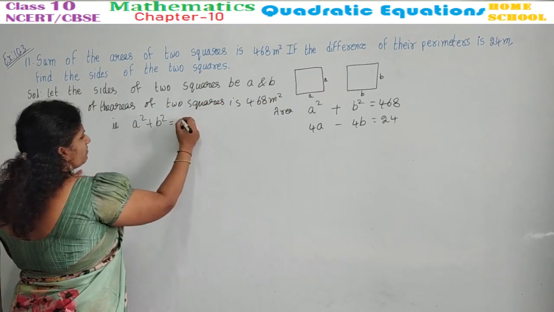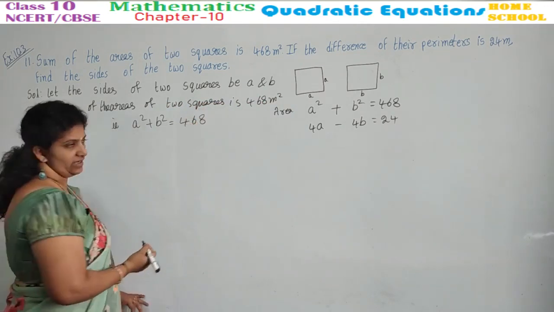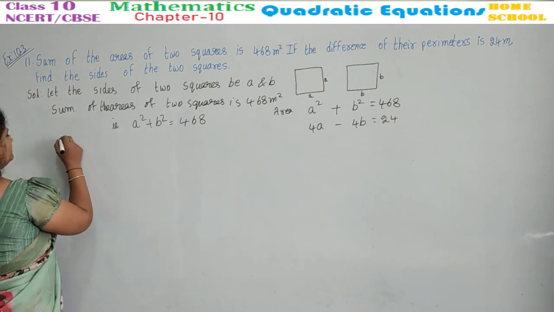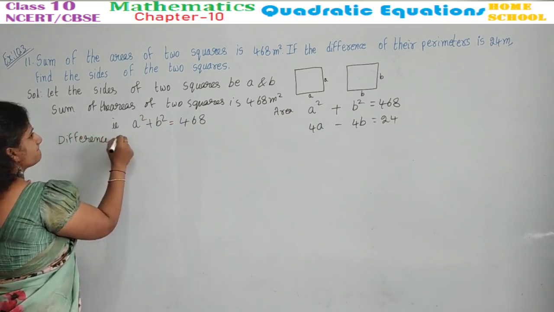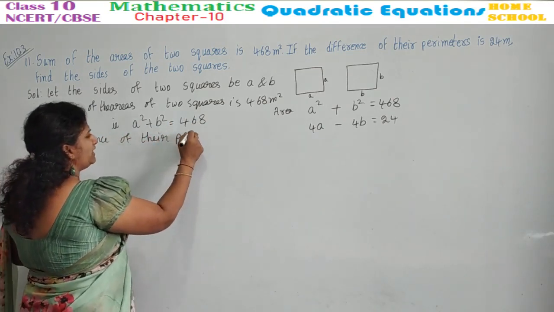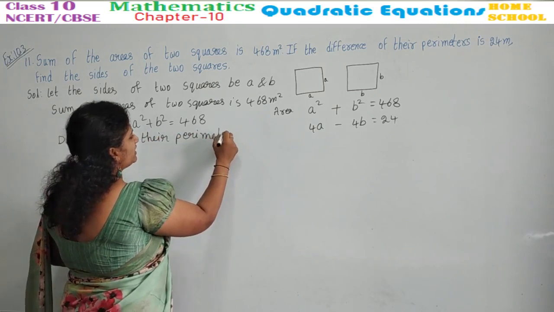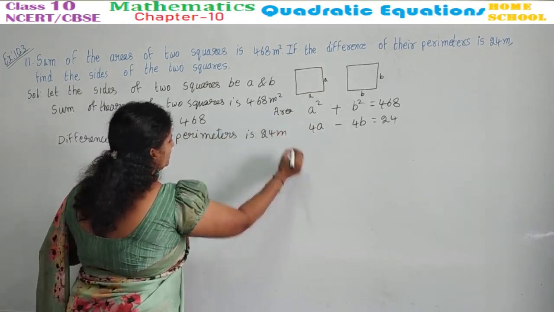That is A square plus B square is equal to 468 meters square. And next point, difference of their perimeters. Difference of their perimeters is 24 meters.